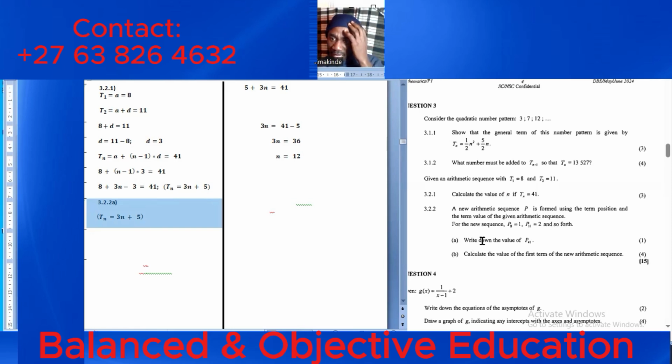So if we look at question 3.2.a, bearing in mind that the position in sequence P is the value in the original sequence, it means that the value of the 41st term in this new sequence P would be the position in the original sequence.